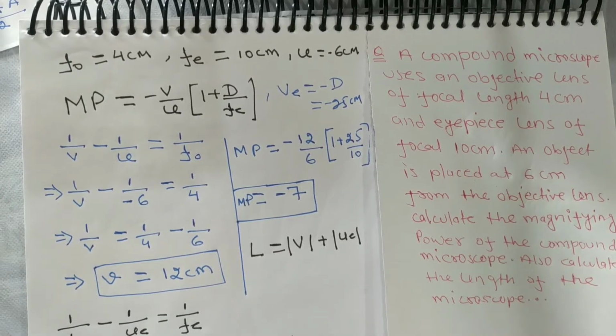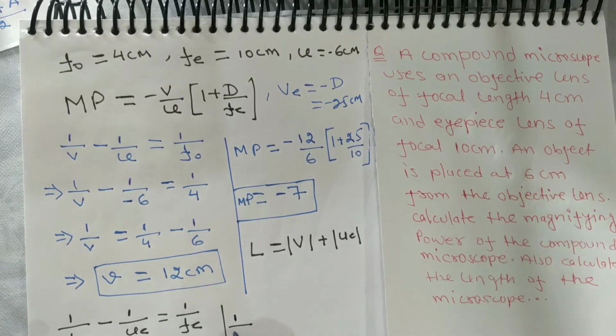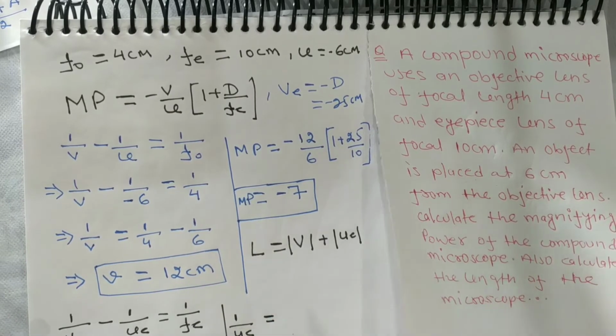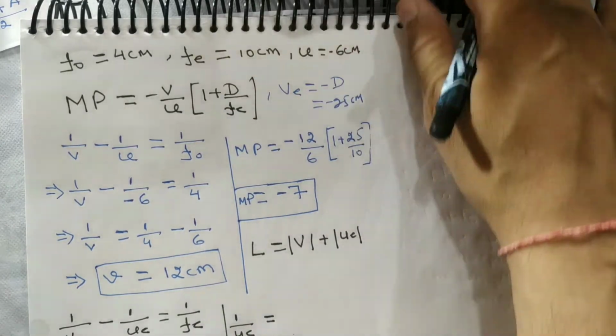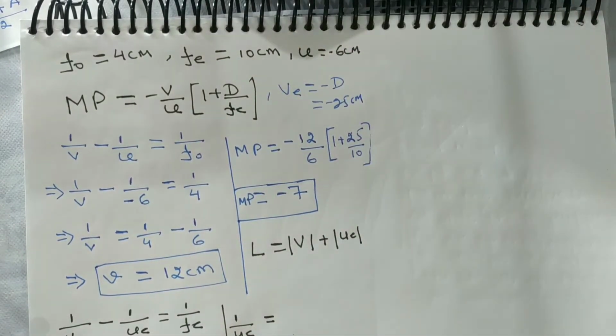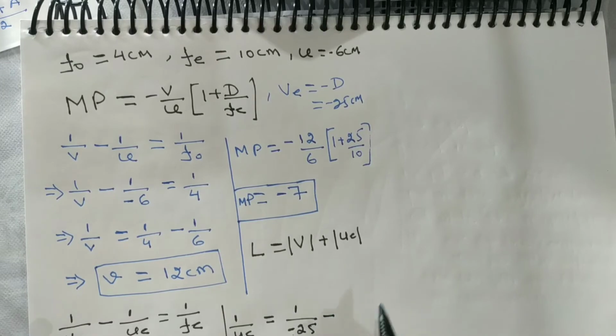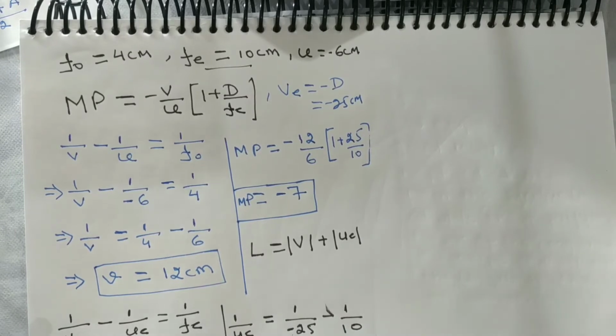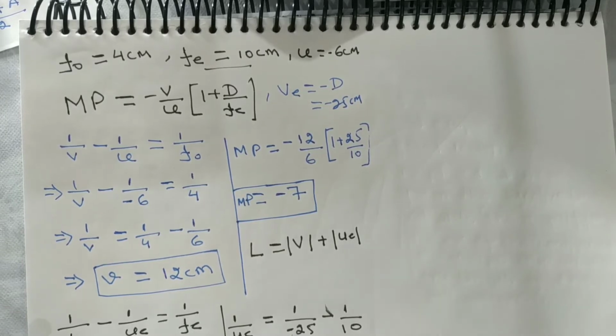Put the value: 1 upon ue equal to 1 upon ve, ve is minus 25 centimeter, and fe is 10 centimeter, so it will be minus 10. On solving we will get ue equal to minus 7.14 centimeter.